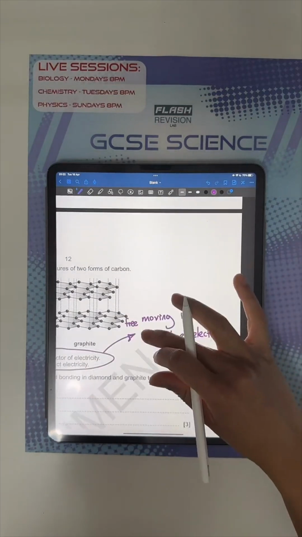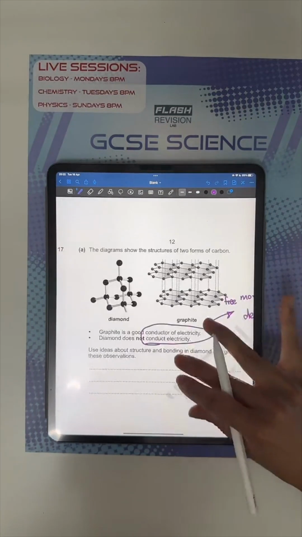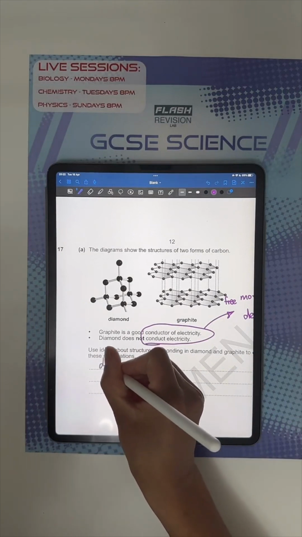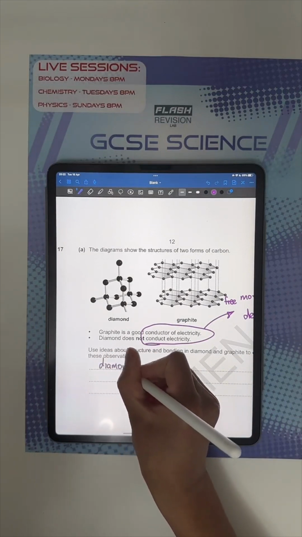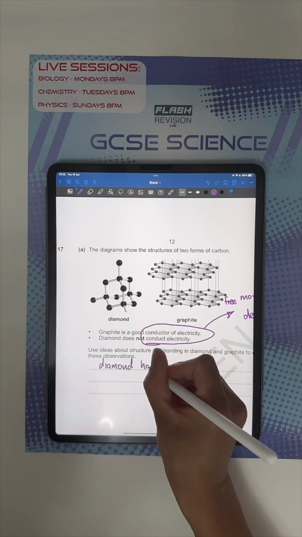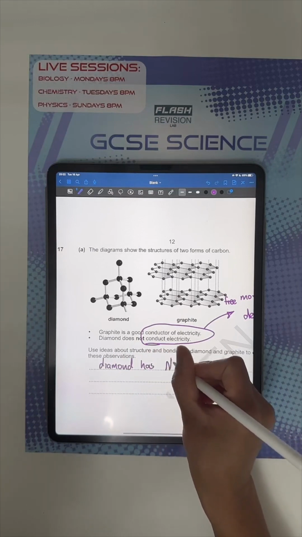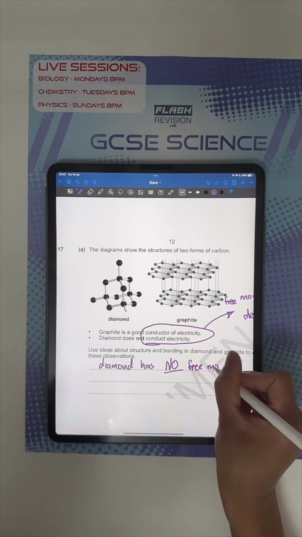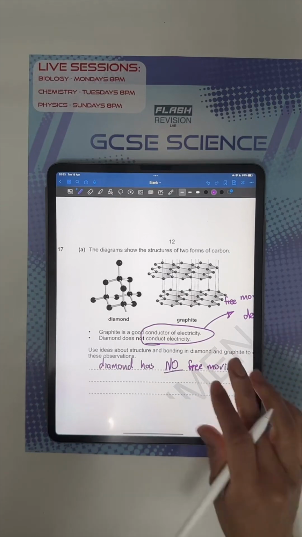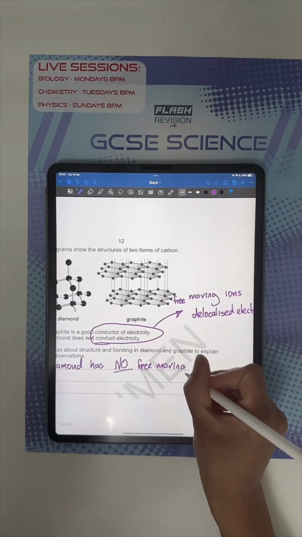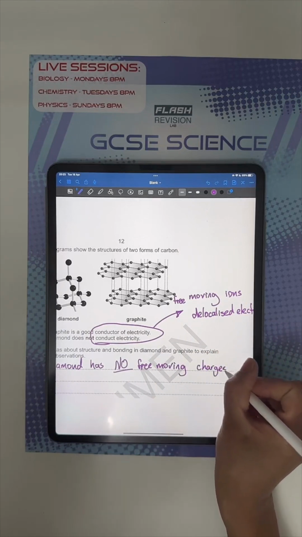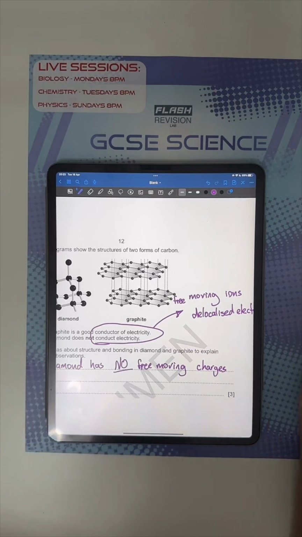So we can say it has no free moving charges. You can say charges, or you can say electrons/ions.